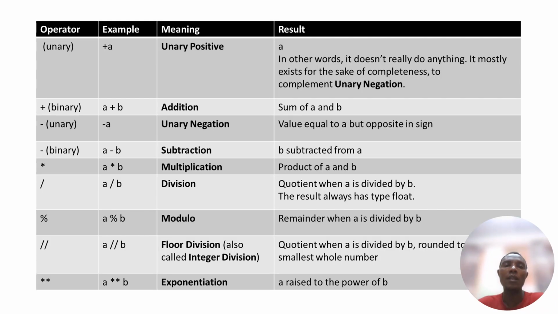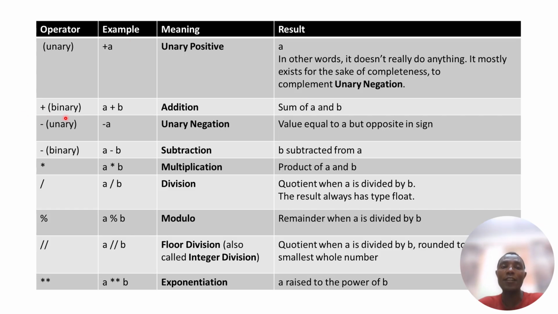Here is the example where we've got the unary positive operator. In other words, it doesn't really do anything. It must exist for the sake of completeness, to complement unary negation.